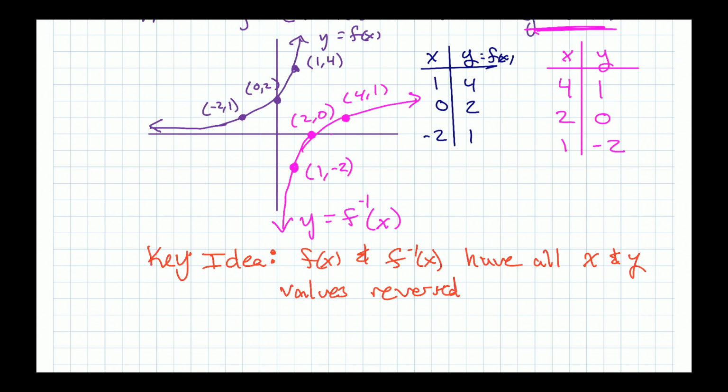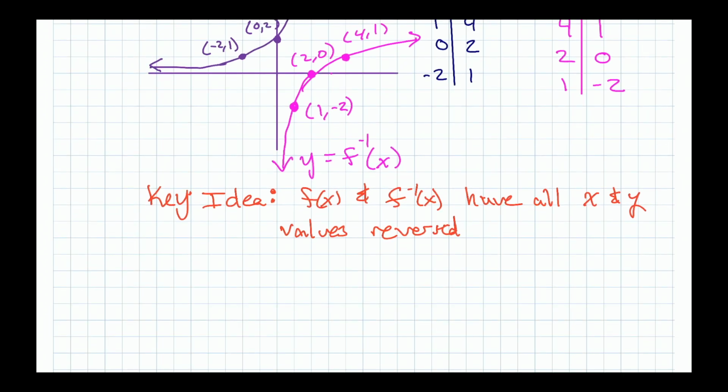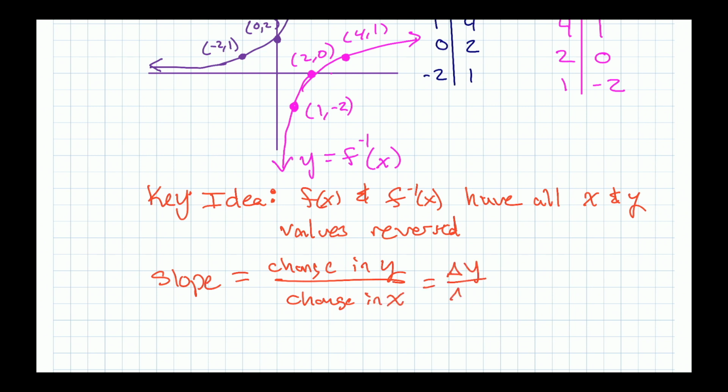Now, why do we care about it? Well, when we're doing derivatives, you can always think of your derivative as being a slope. A slope of anything is a change in y over a change in x, or delta y over delta x, or rise over run.